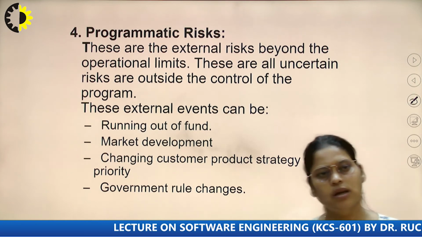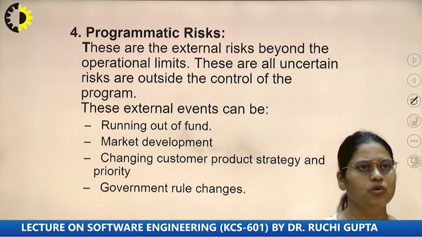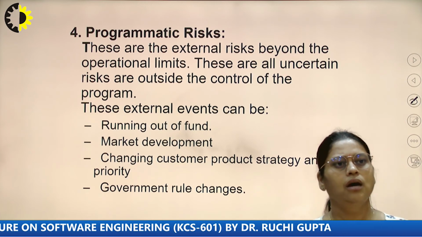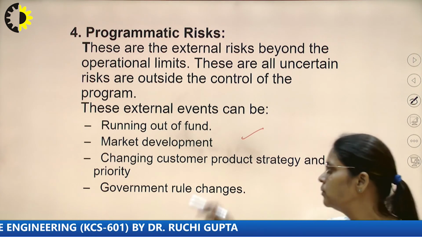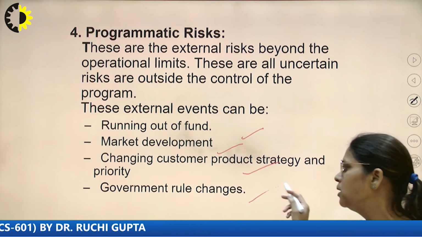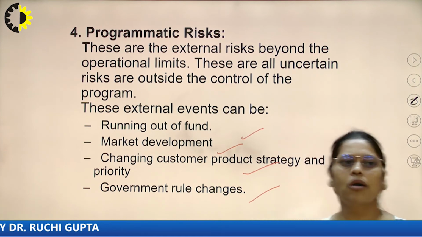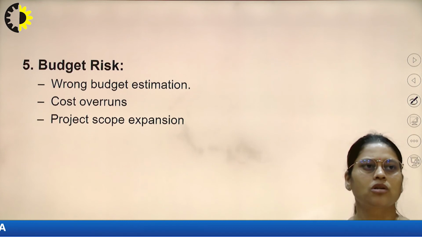There is another risk, that is programming risk. There are some external risks beyond the operational limits, like running out of funds, bugs in the program, some market development, or changing customer product strategy. If government rules change, then we also have to face some programming risk.